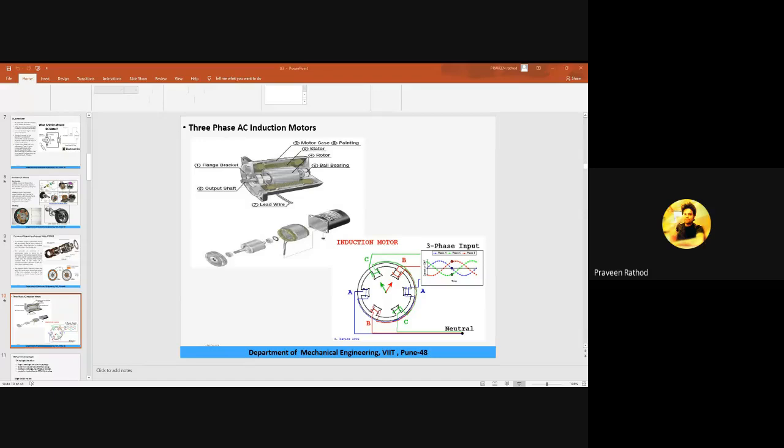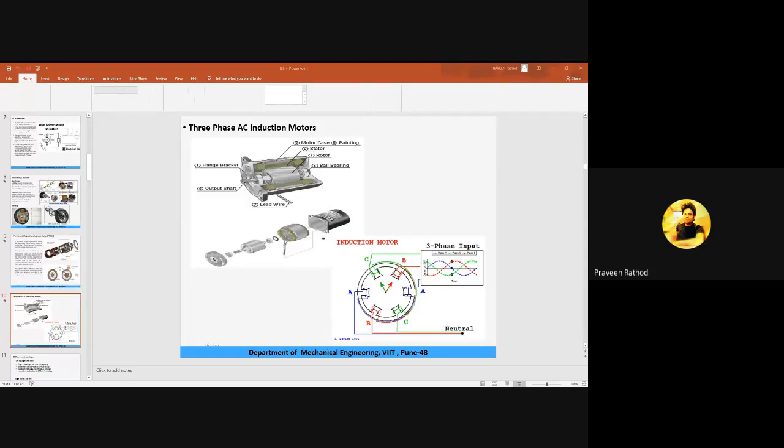You can see this is the construction of a three-phase induction motor. So we have a flange bracket, then stator, rotor, ball bearing, then motor case, as well as output shaft. These are the parts of the motor.